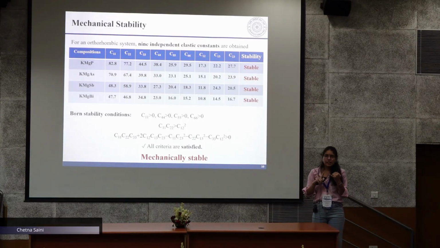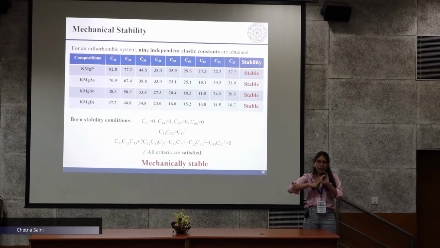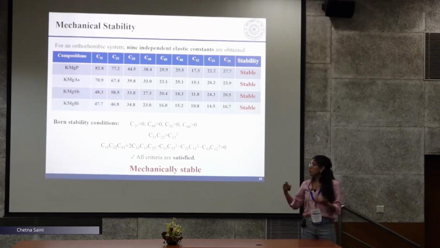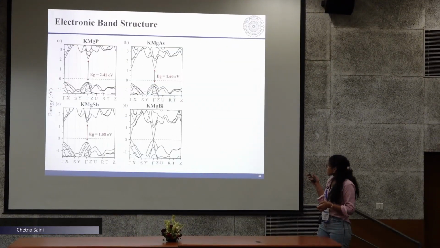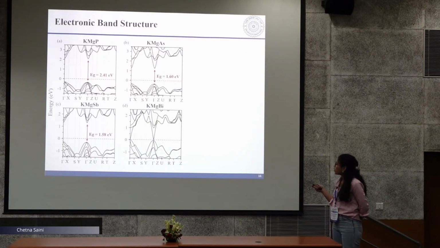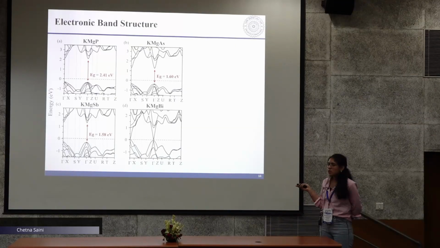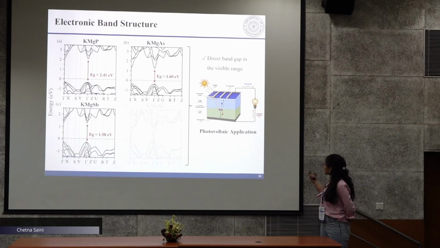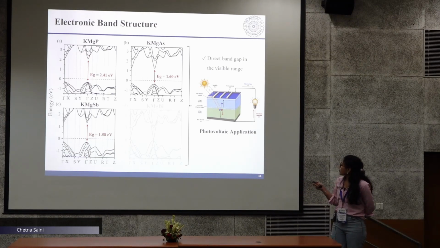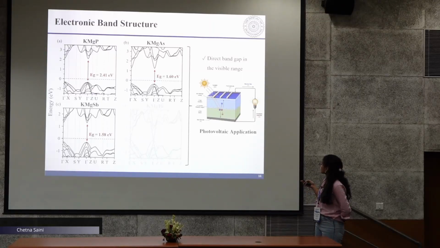So, after assessing its stability through this mechanical, dynamic, static, and thermodynamic study, we next discuss its properties. This is the electronic band structure for all the KMGX compounds, where the first 3 compounds show a direct band gap in the visible range, whereas KMGBI shows a semi-metallic behavior. Therefore, for further photovoltaic application, we focus on these 3 compounds and explore their optical properties.